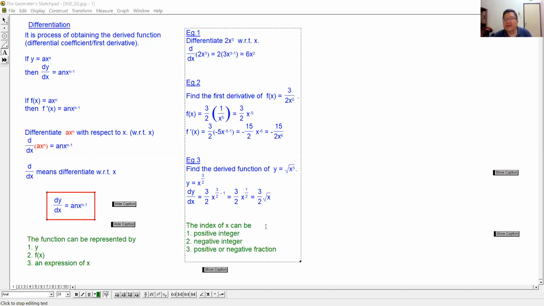Now sometimes, not wrong, not wrong, unless they say simplify. Now sometimes they will give you the square root form, right? In this form, the index will be a fraction.